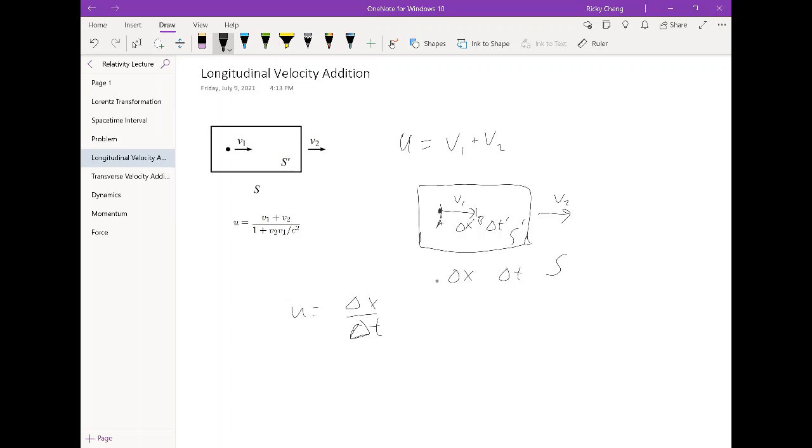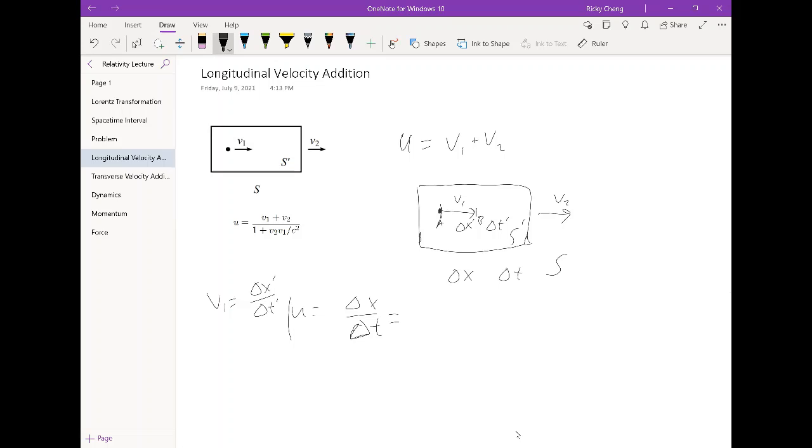We also know that v1 is equal to delta x prime over delta t prime, the object's velocity as measured with respect to the reference frame S prime. Here we basically want to find what u is.